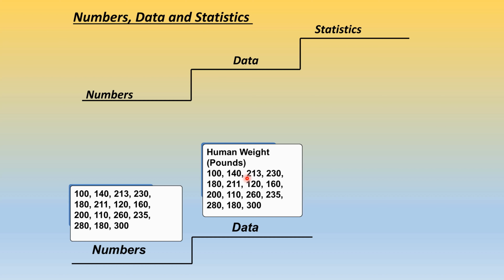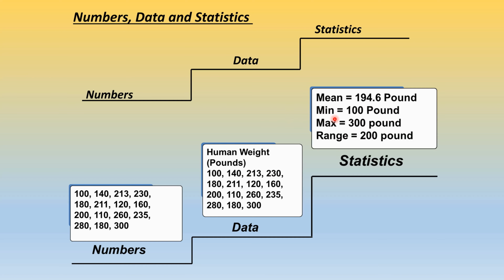More importantly, who is going to read a massive amount of data? So we need to be able to summarize the data into a few parameters or statistics, such as the average or mean value, which all of us know. When you calculate the mean of this data set, we are talking about a statistic. When we calculate the minimum value, the maximum value, and the range, we are talking about statistics.